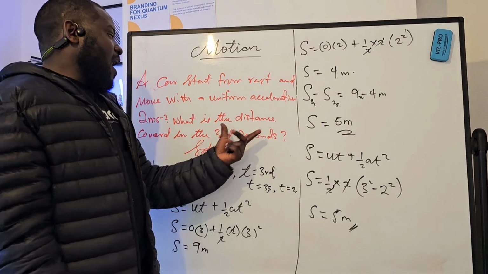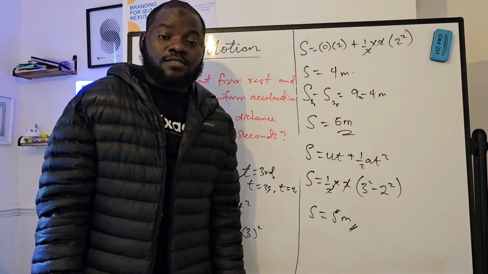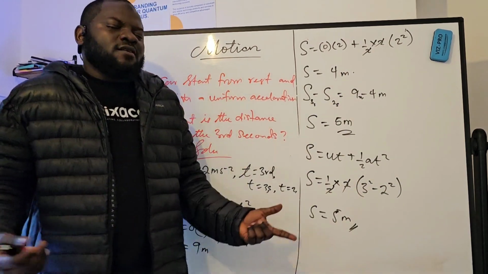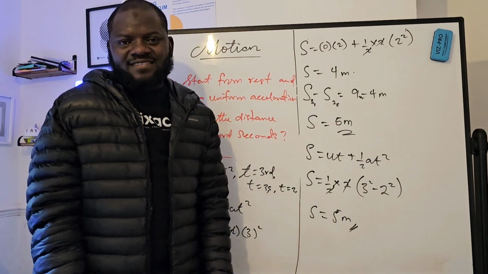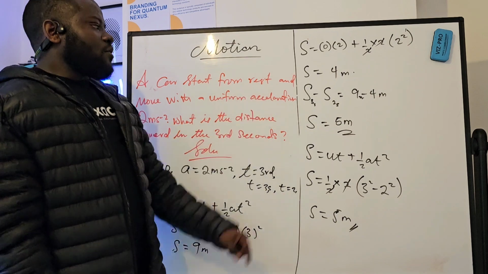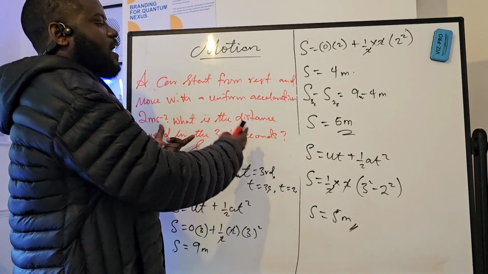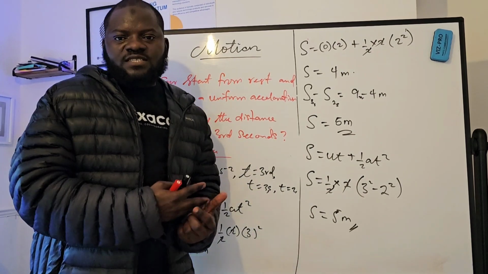So they can say at 10 seconds, what is the distance covered in the last 1 second? Or at 3 seconds, what is the distance covered in the last 1 second? You just apply the same process, and you get your answer with ease. I hope you understand this now. So this is the second thing that the examiner wants to look at under this topic as far as equations of motion is concerned.